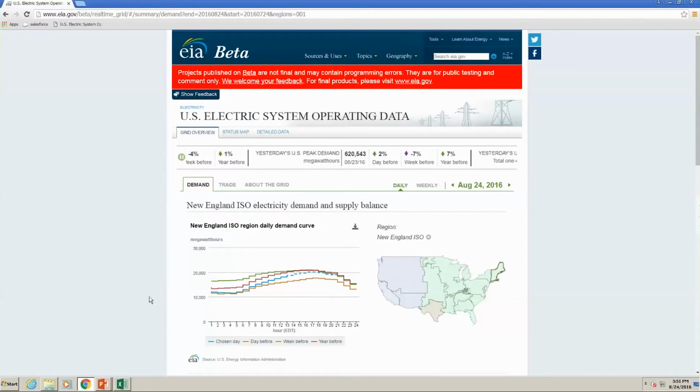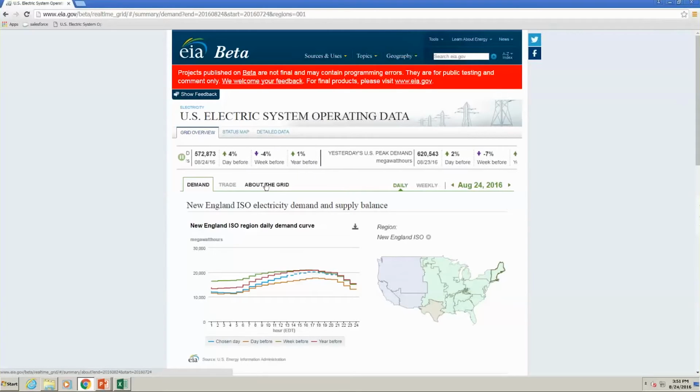All right, just wanted to mention on this particular overview page, I've been talking about this demand tab here. If you look in the upper left here, under the ticker on the top, there's actually sort of 3 sub-pages for the overview page. We've been looking at demand. There's a trade page. This page shows you information about imports and exports of electricity to Canada and Mexico.